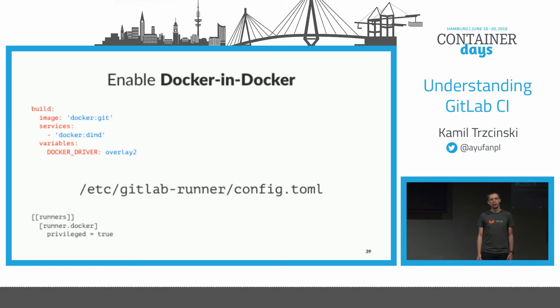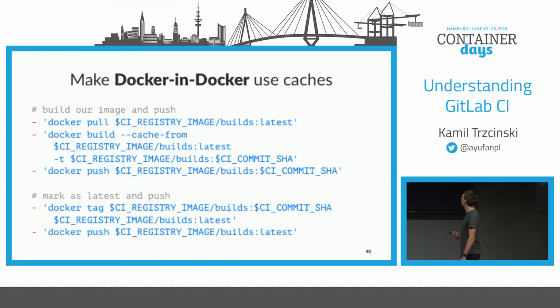You need to figure out what kind of security you need. And then you specify, I want to use service Docker dind. There is this optimization argument, Docker driver, to use the much more efficient overlay filesystem. And basically that's it, and you can use any Docker command from your CI job.